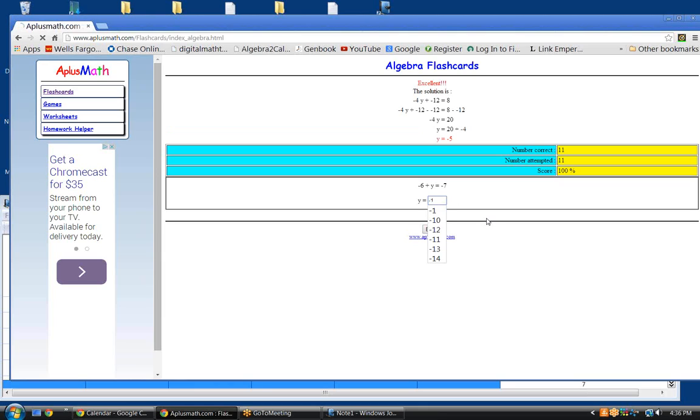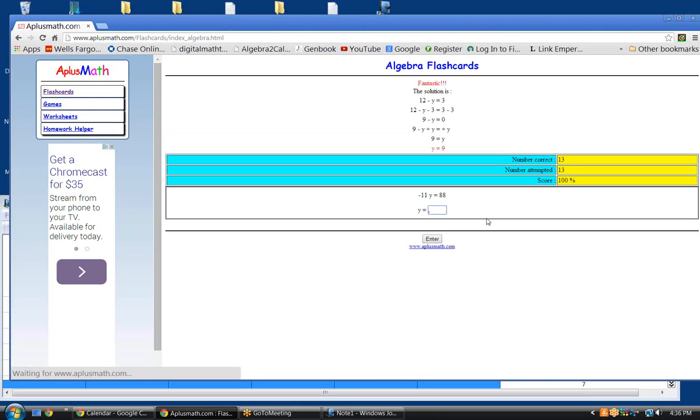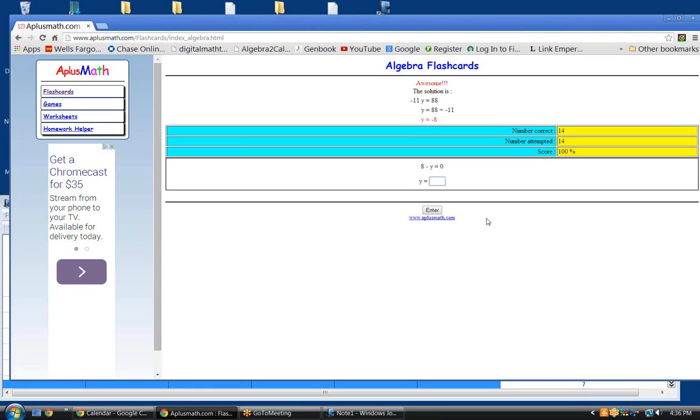Good. Alright. Y equals 9. Good. Y equals negative 8. Y equals 8.